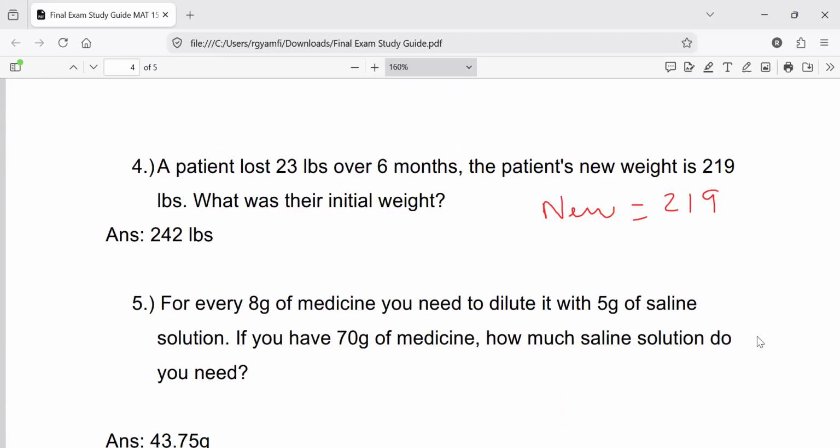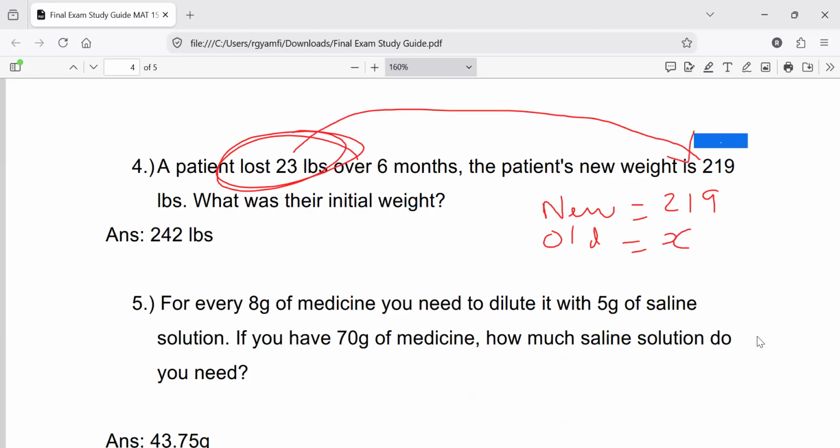That's what we're trying to find. Old or initial weight is X. But this patient has lost 23 pounds, which means that if I add 23 to 219, it's going to give me the old weight. So the initial weight equals 23 plus 219, and that's 242 pounds. And that's it.